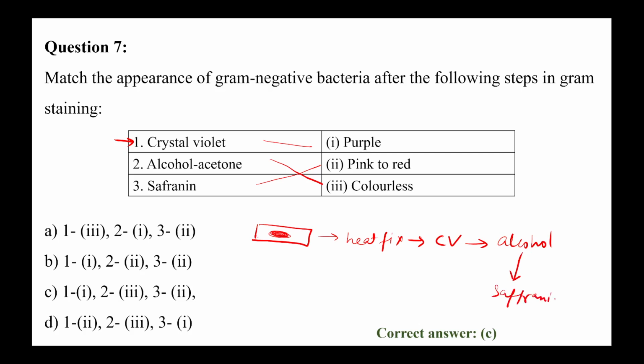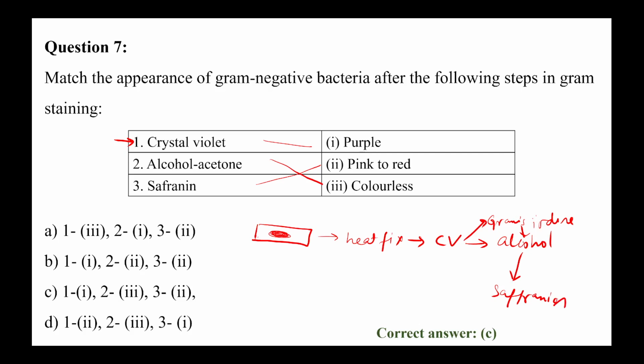Okay, so after crystal violet, actually there is one more step. After crystal violet, there's gram's iodine to fix the crystal violet, and then comes the alcohol. Okay, and then finally we stain it with safranin.